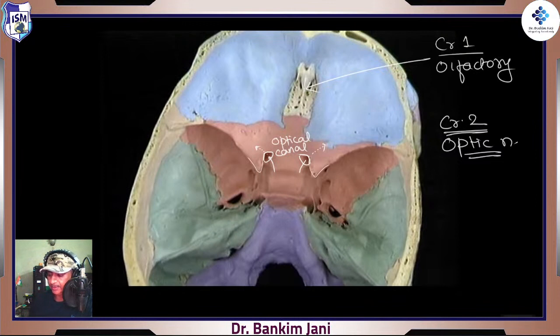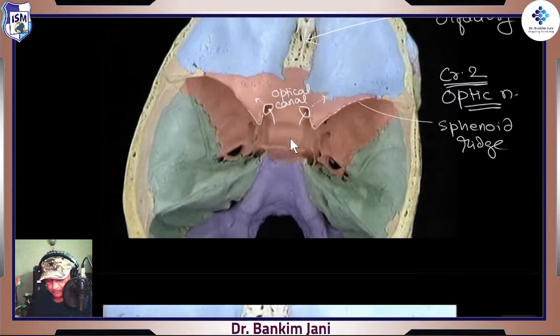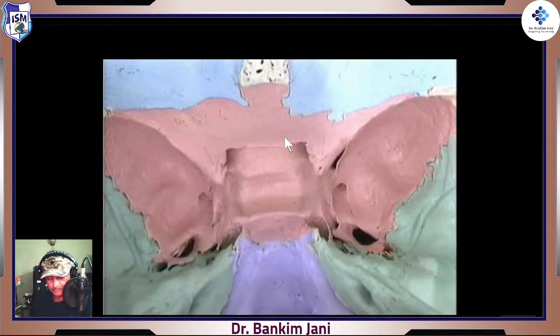So here, this optic canal, if you see, this is the ridge, right? That's the sphenoid ridge. Now it is seen more clearly, right? We have just zoomed it, and that's from where the optic canal will be going.